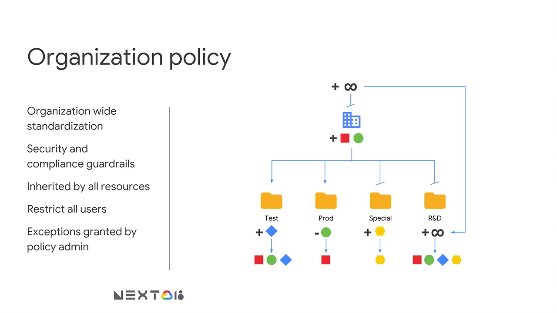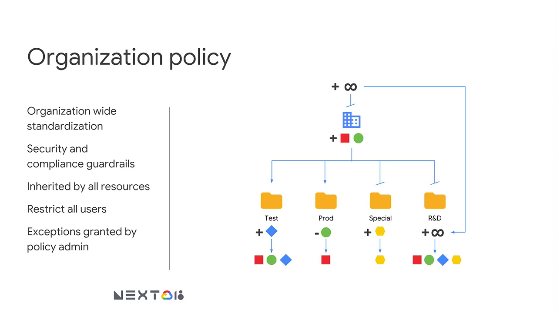Organization policies are also inherited down the hierarchy. And unlike IAM, you can set exceptions or override the default policy. So this diagram shows how the inheritance model works. You have a generic policy here that's red and green at the organization level, and that means it applies everywhere across the organization.